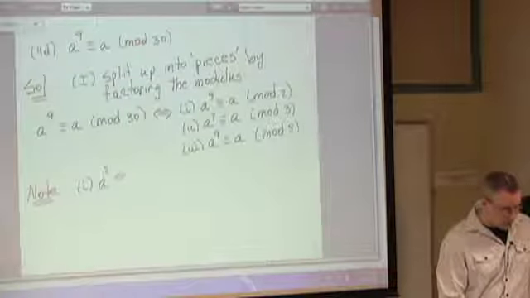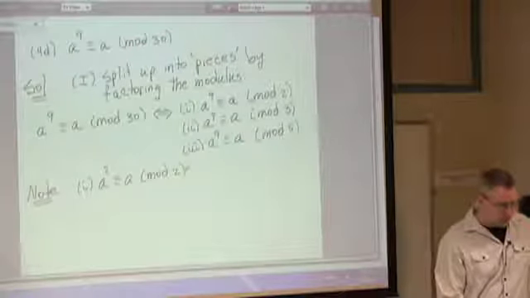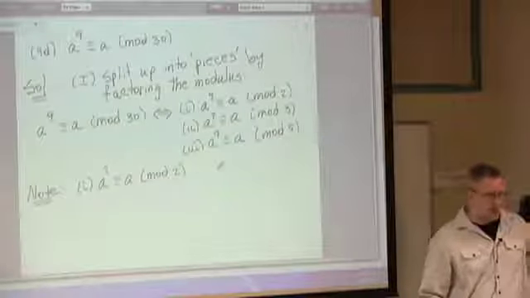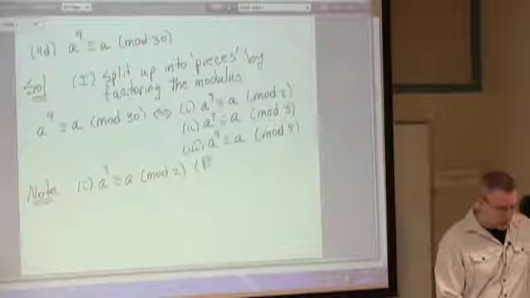A squared is congruent to a, right, mod 2. This is actually a corollary, but this is Fermat's theorem.